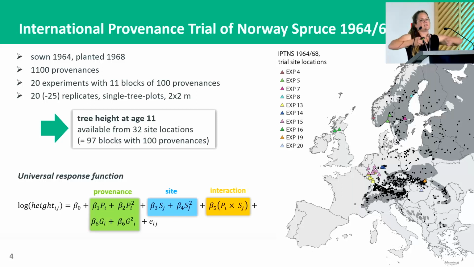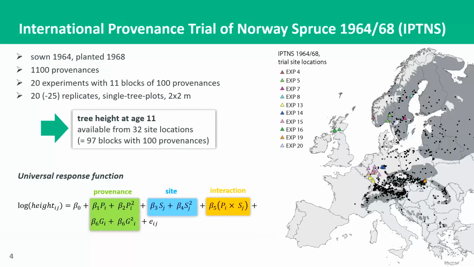They didn't just place it all together in one experiment because that would be huge. They had a smart idea in splitting it into 100 provenances for each cohort that kind of represented the whole sampling area within each of them. And they planted 20 replicates with single tree plots, and the design was the same across all of these sites.